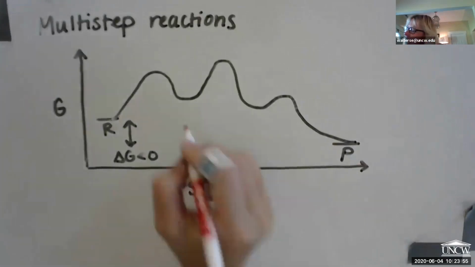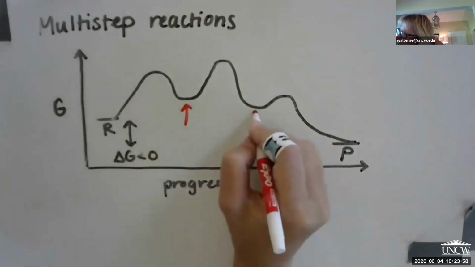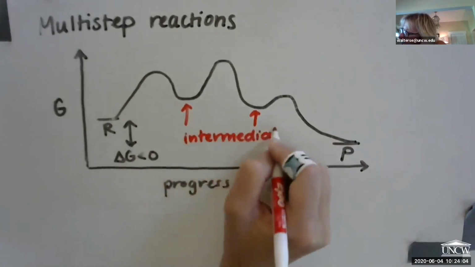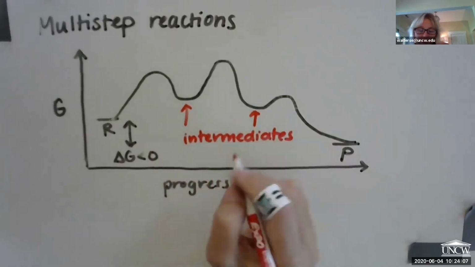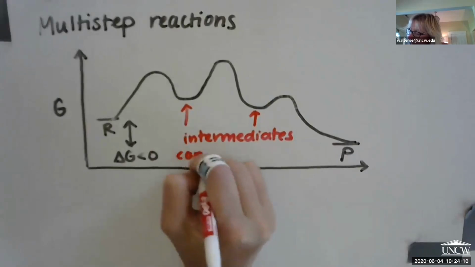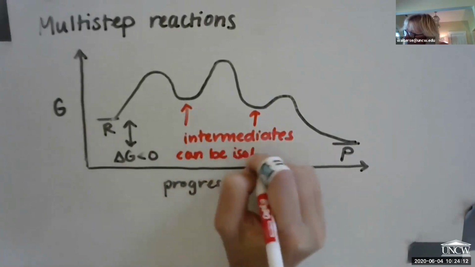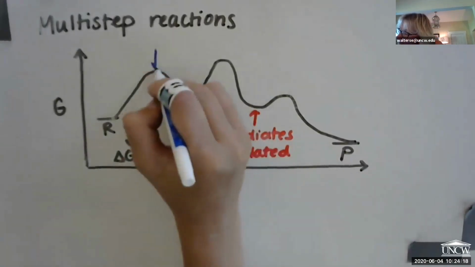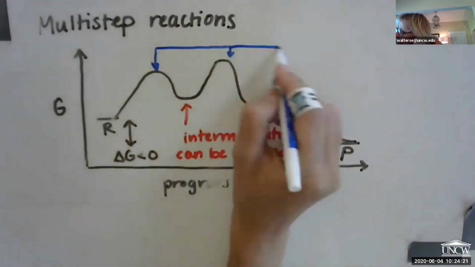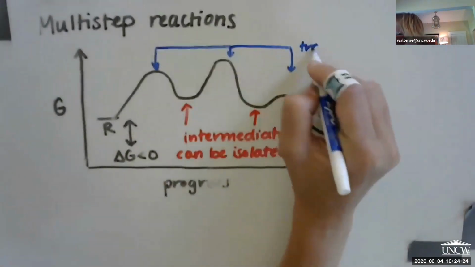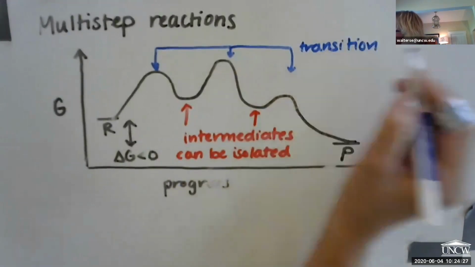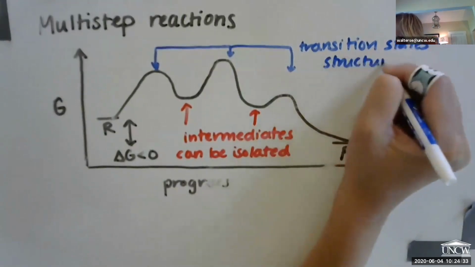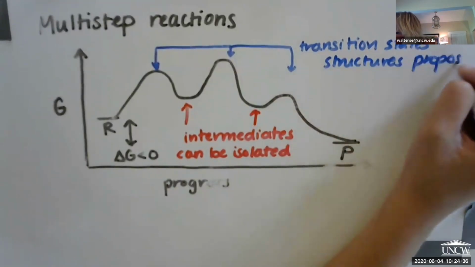These positions are called intermediates. Intermediates are actual structures and molecules that can be isolated, characterized, and studied under certain conditions. These bits at the top of the hills are your transition states. These are structures that are proposed by Hammond's postulate.